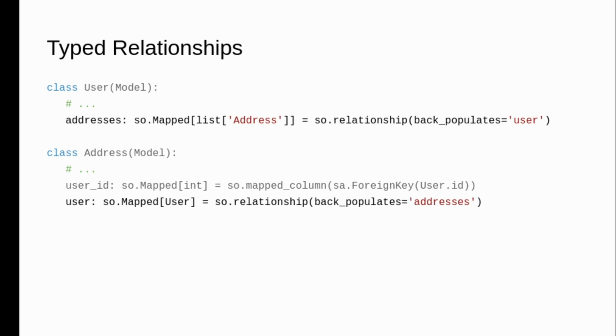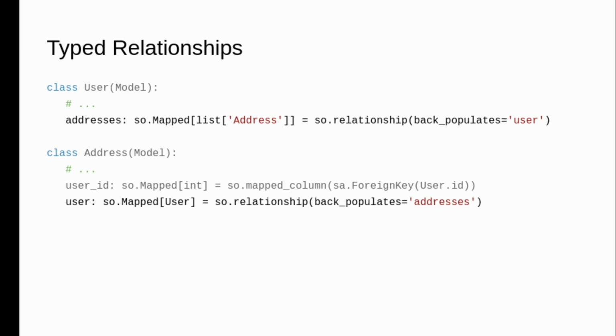Then you can create your relationships. And this is a high-level view of the relationship between these two models. Let's look at the address side first. At the bottom, you have user. User is typed as a user object, so it's essentially what it is. It's typed correctly.